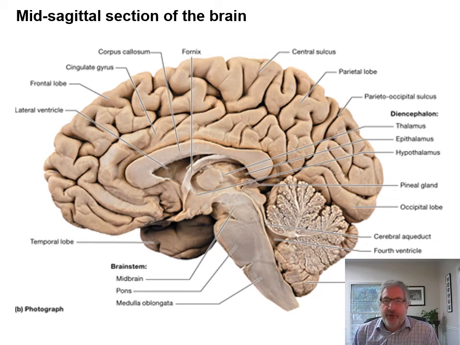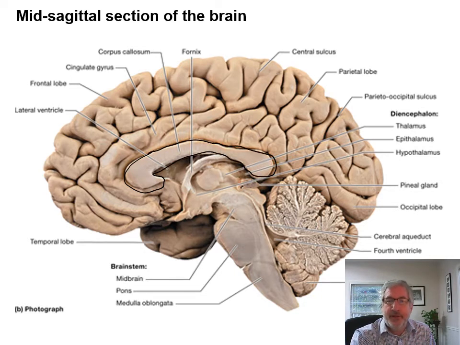Here's a little bit better picture of the midsagittal section of the brain. So we have the same things, all the lobes of the brain. I'm going to talk about some of the parts of the brain and see what these things are. I'm going to start with the upper part up here. So this structure right here, that's called the corpus callosum.